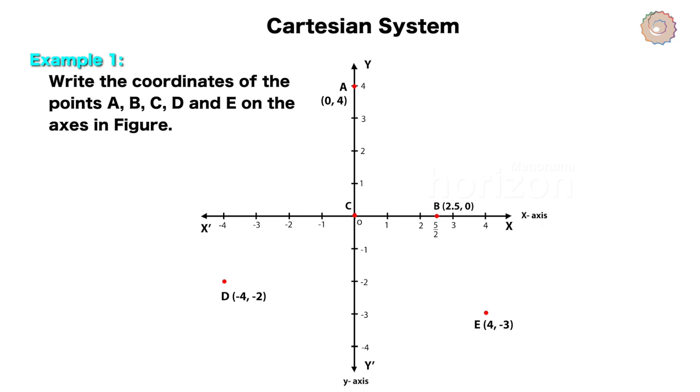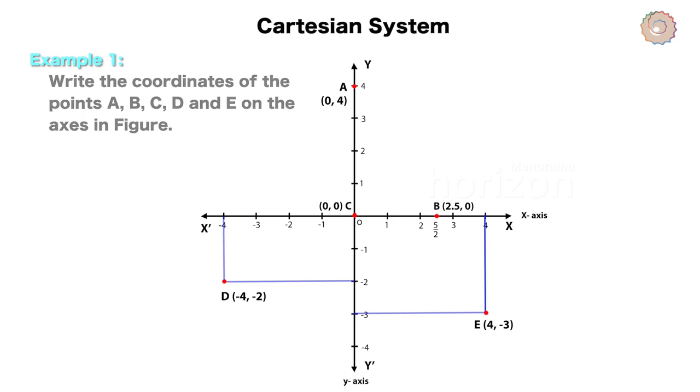So it's (2.5, 0). Since the x coordinate and the y coordinate are 0, point C is (0, 0), which is actually the origin. So we can say that the coordinates of the origin are (0, 0). And D and E are (-4, -2) and (4, -3) respectively.